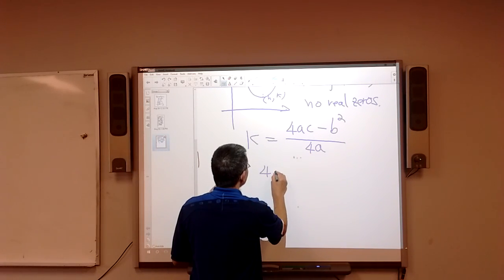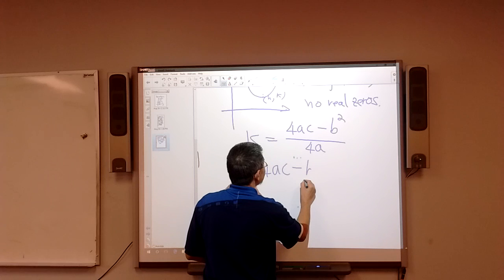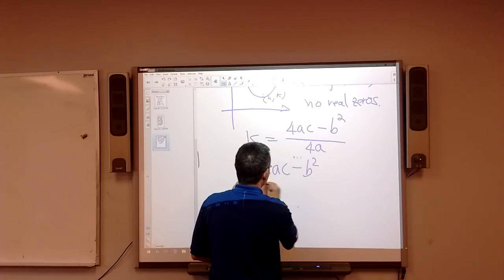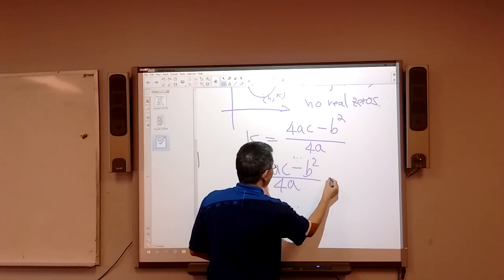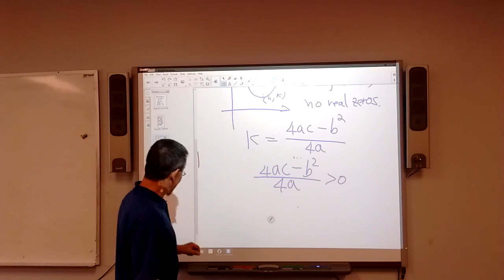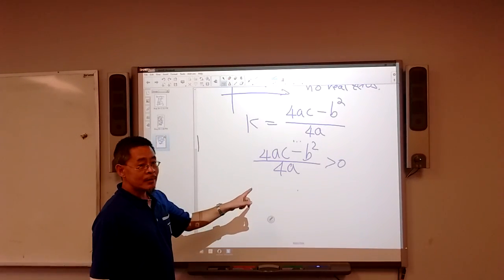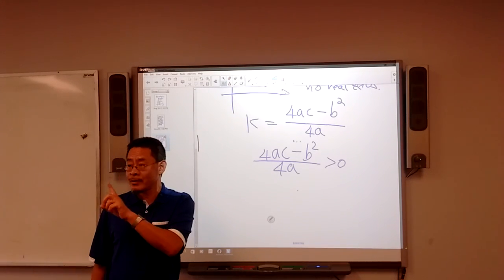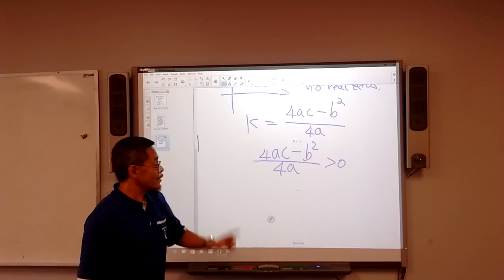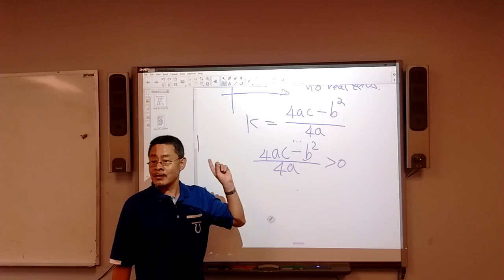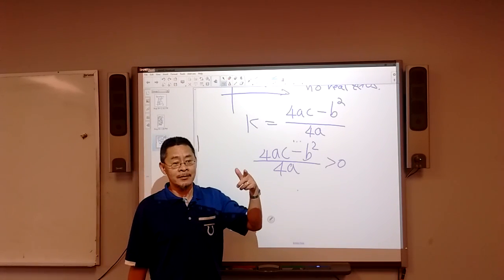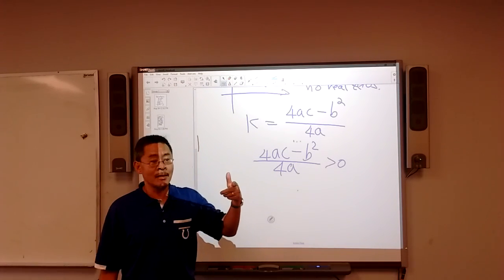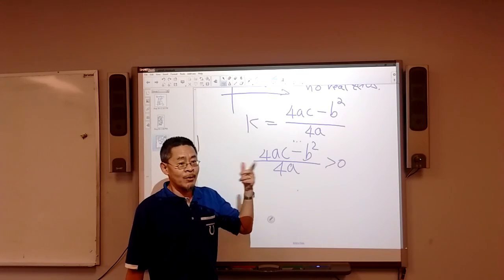It becomes positive. 4ac minus b squared over 4a has to be positive, right? We good here? Make sure you understand this. This will help you go through the exercises in terms of algebra. If you are good on this one, algebra will be no problem.